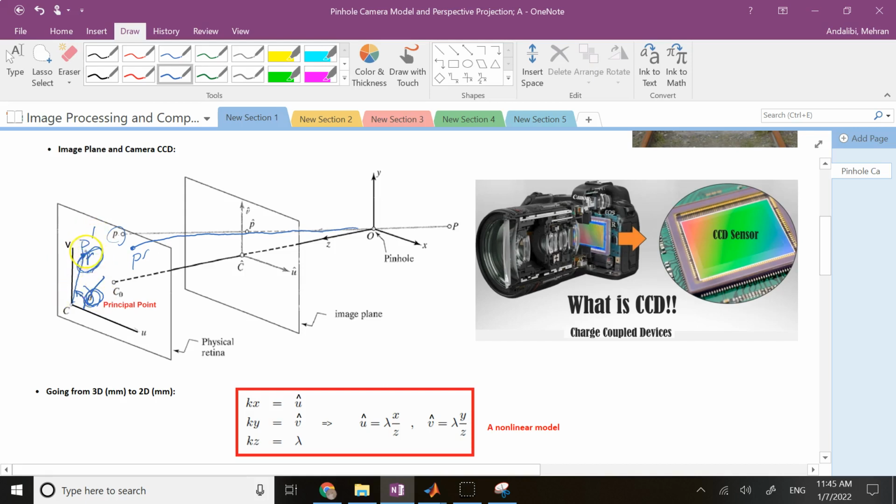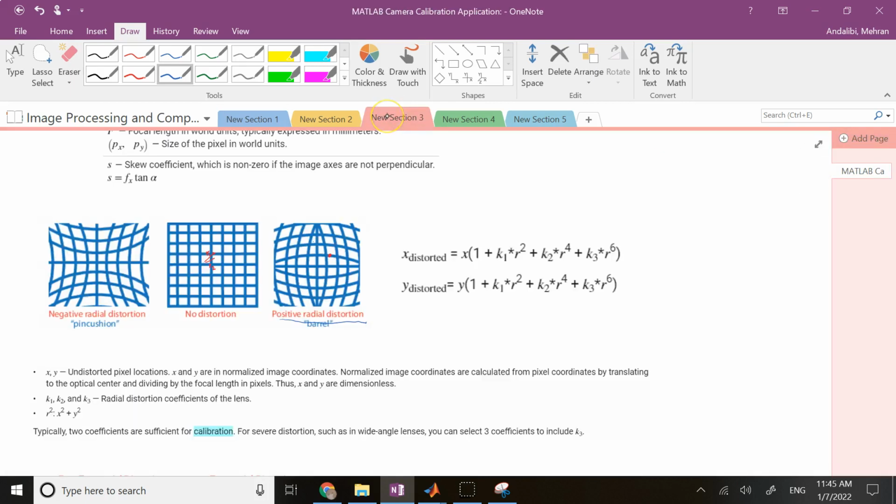Based on those, your actual projection point will be modified to this distorted projection point. And how are they distorted? For radial distortion, these are the governing equations. The X distorted is going to be the X actual plus some extra terms. And Y distorted is going to be Y actual, again, plus some extra terms.